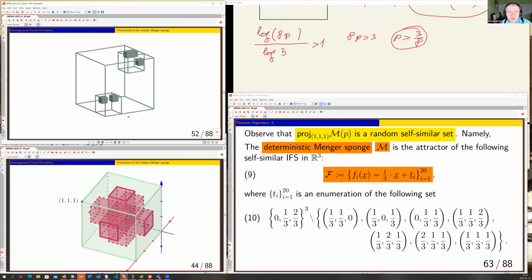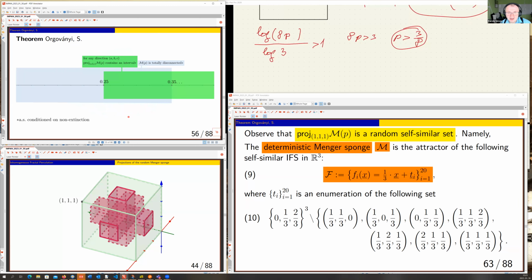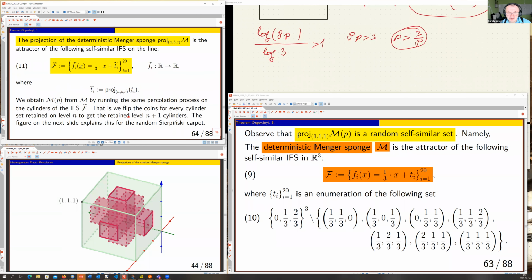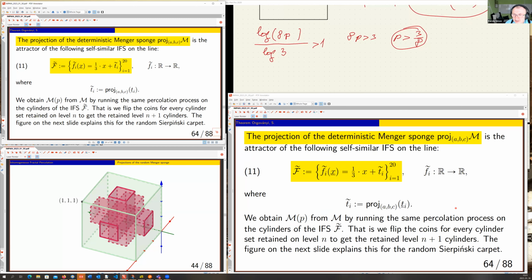So this was the set itself, and I go to the projection 64. So how do you get the projection to a certain line? You need to project these translations. If you take the projection of the translations and the same contraction, it gives you the projection to the line.